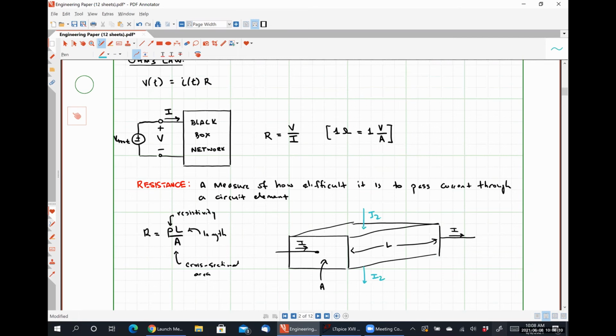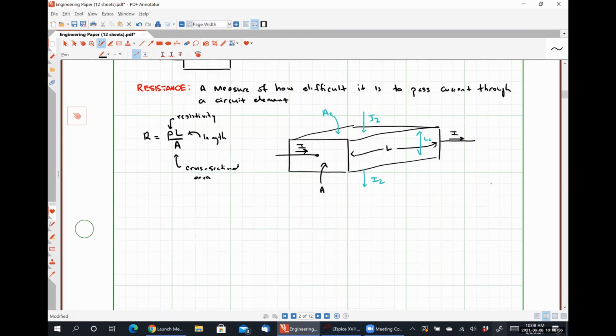The reason being is that it has a different length. So in the second case, our length would be this dimension, and our area would be the surface area of that top. I'm bringing all of this up because I want to determine what the resistance of a wire is.